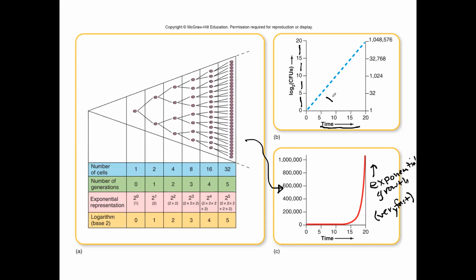Remember, straight lines are in the form of y equals mx plus b. This is going back to algebra, where m is the slope, and b is what's called the y-intercept.